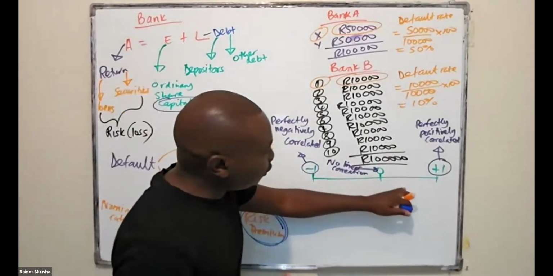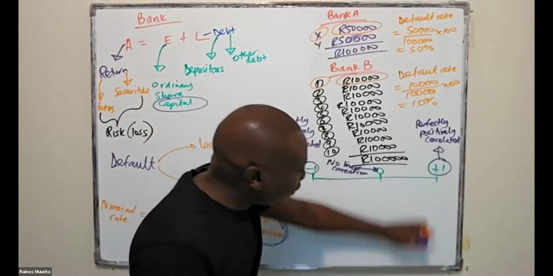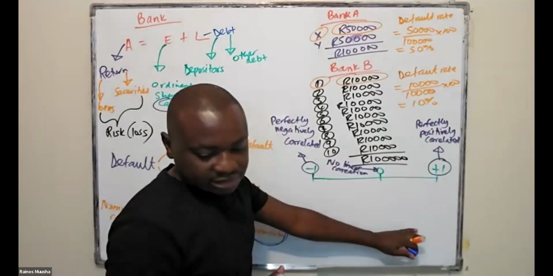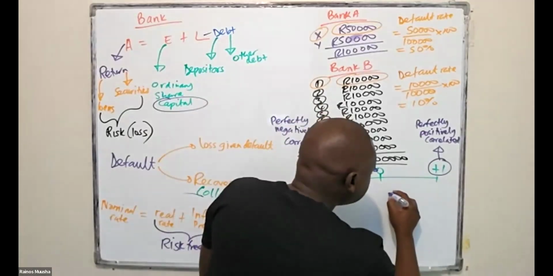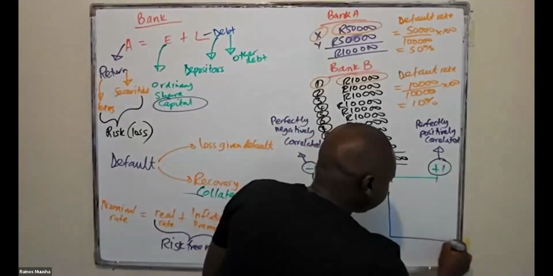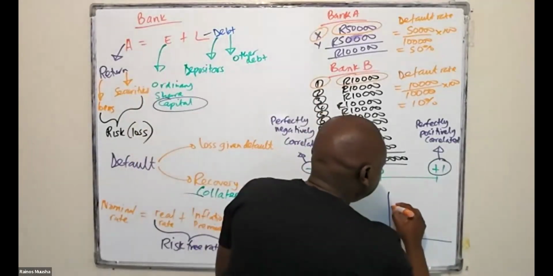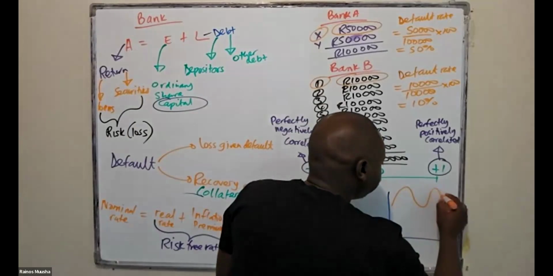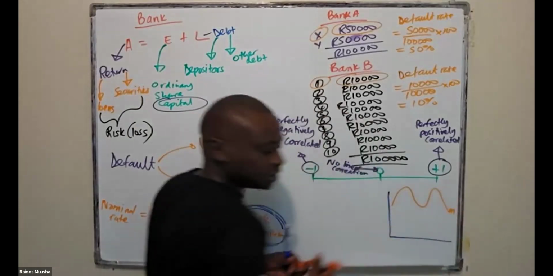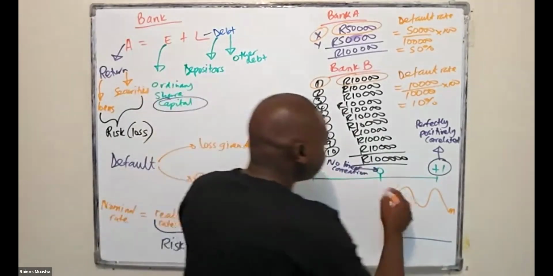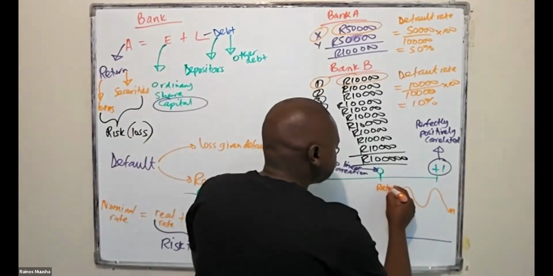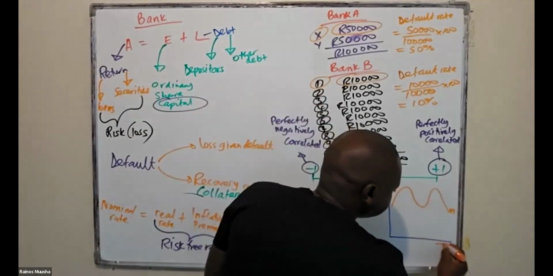Now, let's say we are analyzing two securities. Security M, which is performing something like this. So this is security M, where you are looking at its returns over time.